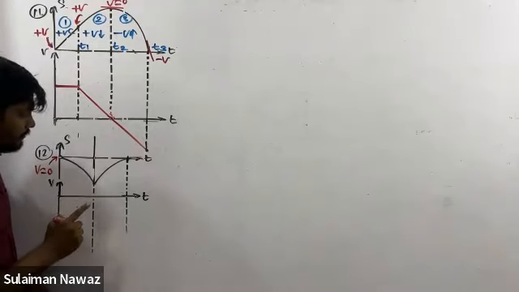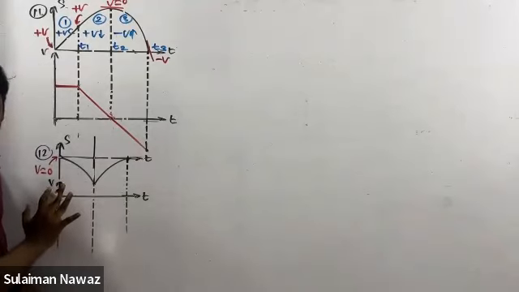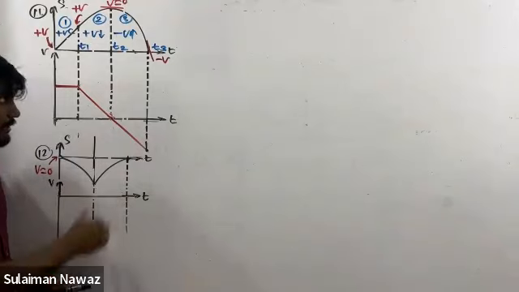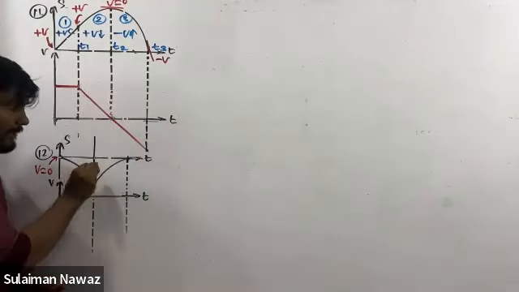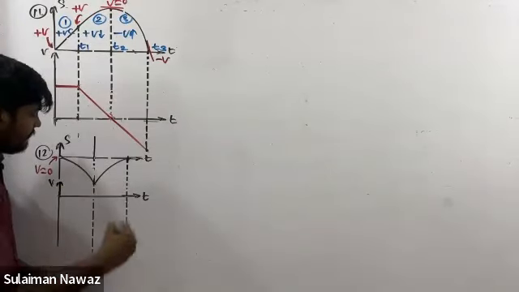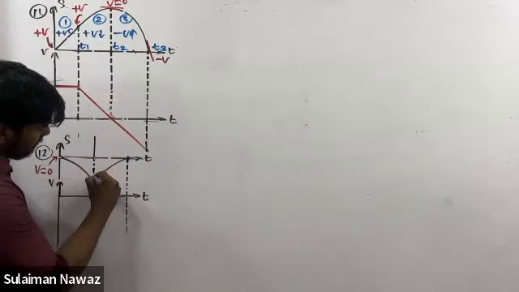Now look here. This graph is somewhat crazy. Comparing with all the previous graphs, this graph is some kind of different graph. You will understand why.